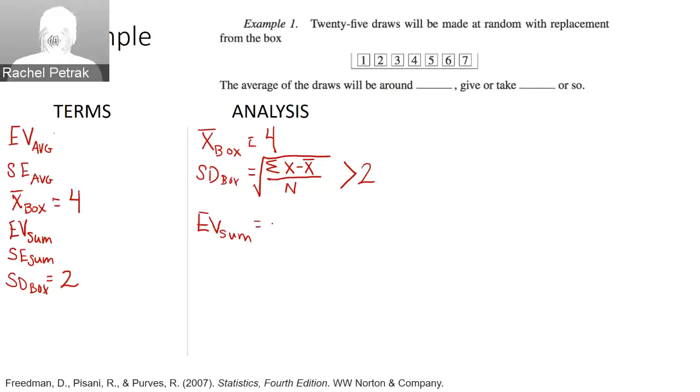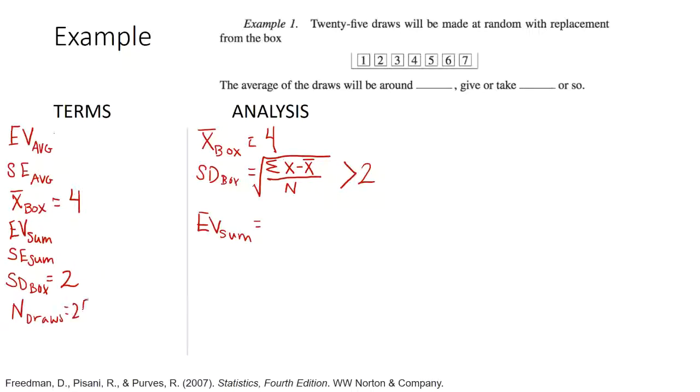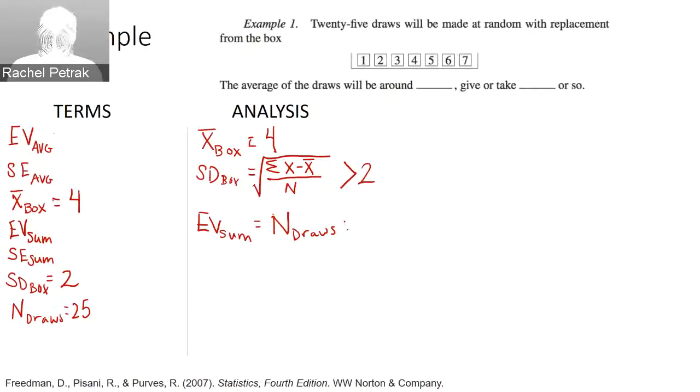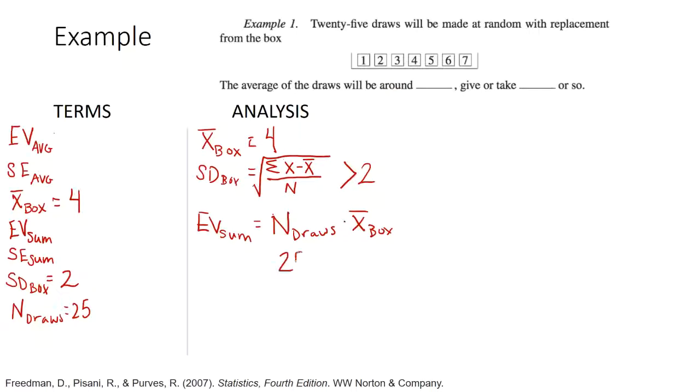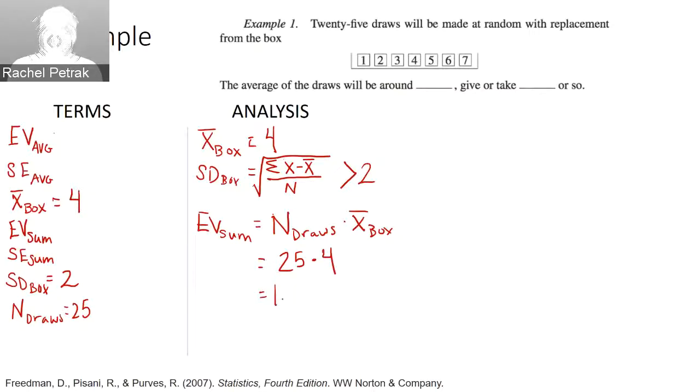The expected value for the sum, as we know, is the number of draws, 25 draws, times the average of the box. The average of the box is 4. So the expected value of the sum is 100.